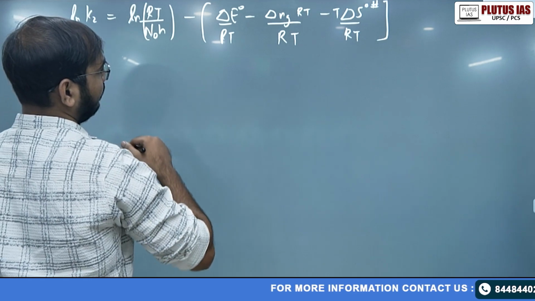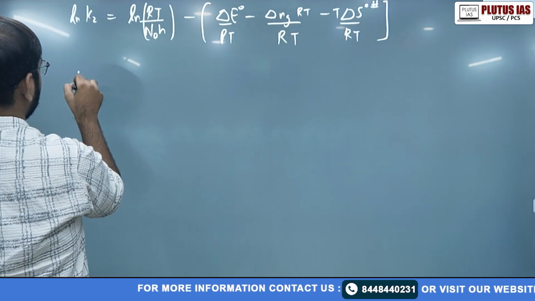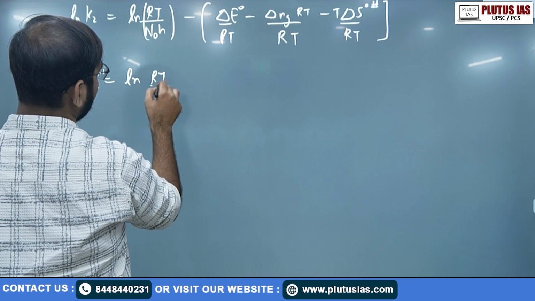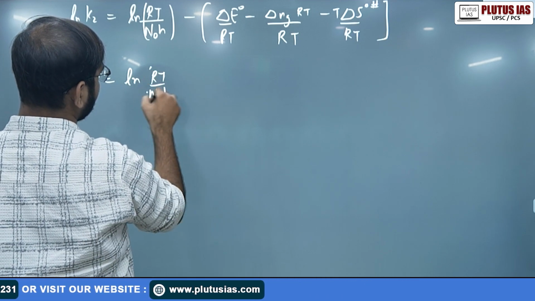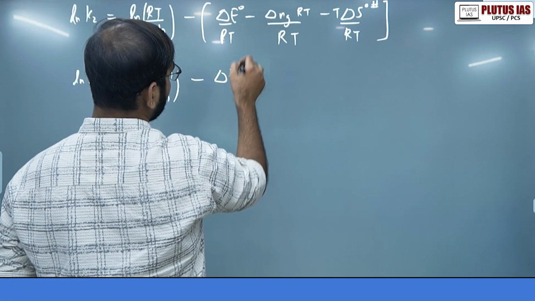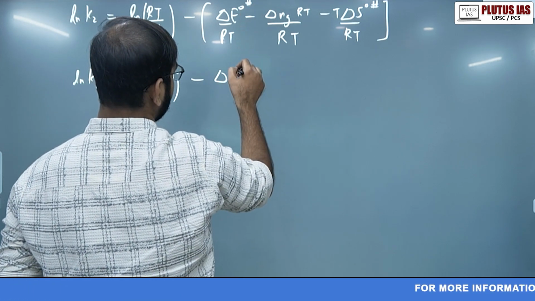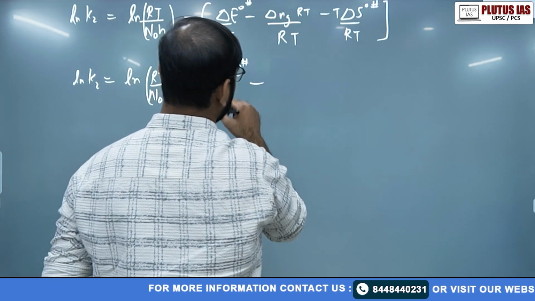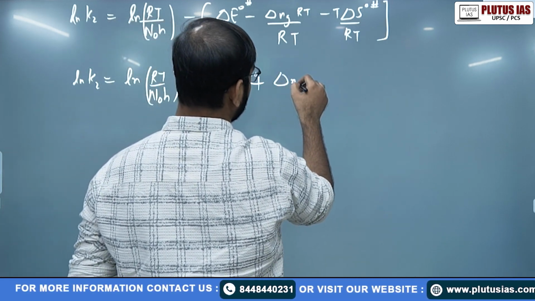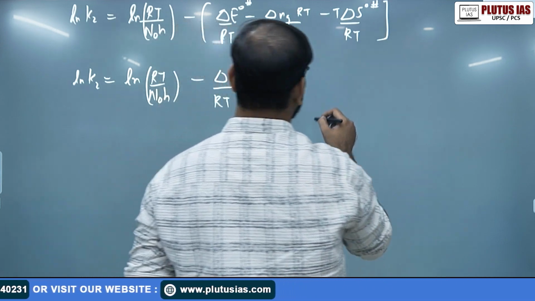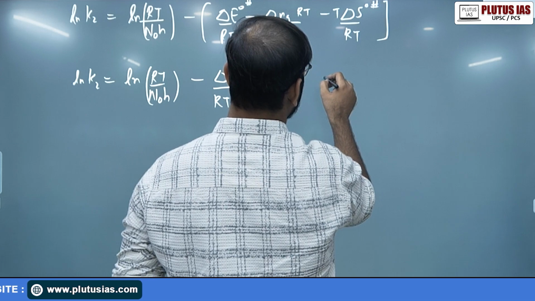Now putting in the values, it will be ln of K2, ln of RT by N naught H minus, this is the internal energy of the reaction, E naught upon RT, minus, it will be plus delta Ng, RT will cancel out, it will become just delta Ng.